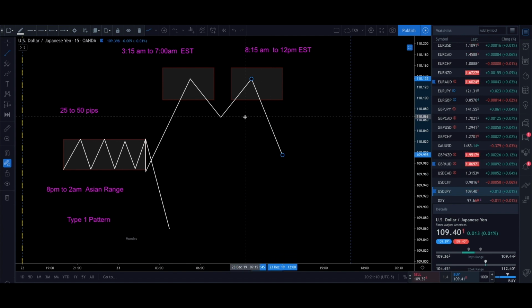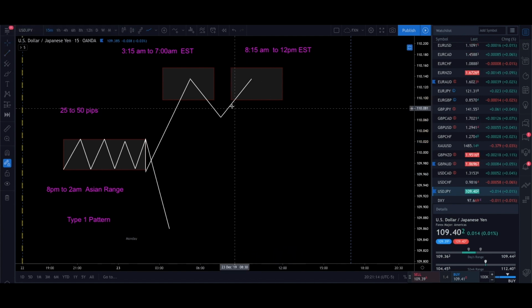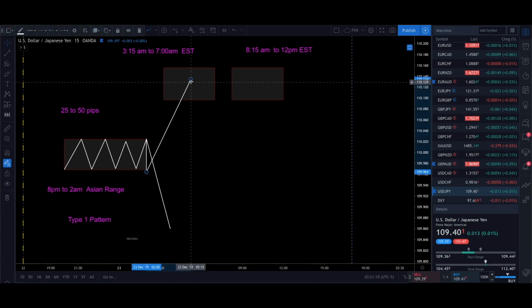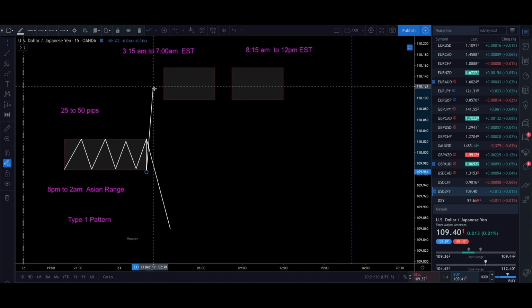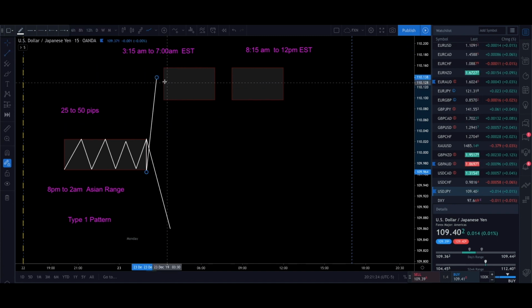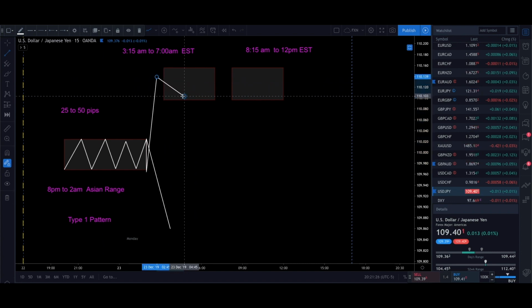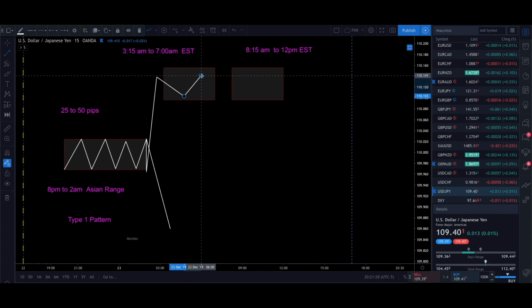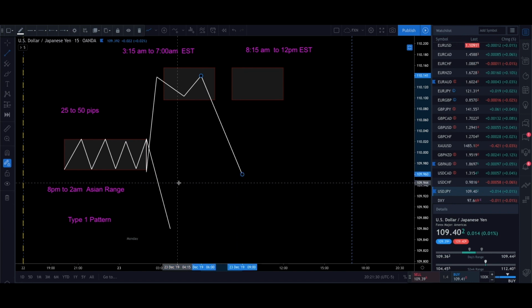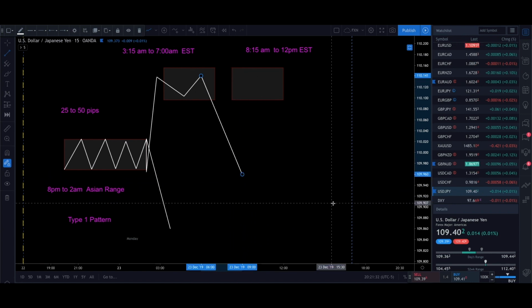Okay, so you'll have a variation like that happen. All right, the other variation that could happen is you could very well get a first leg push that's just at the very beginning of the box, and then you get the second leg inside of the London box.